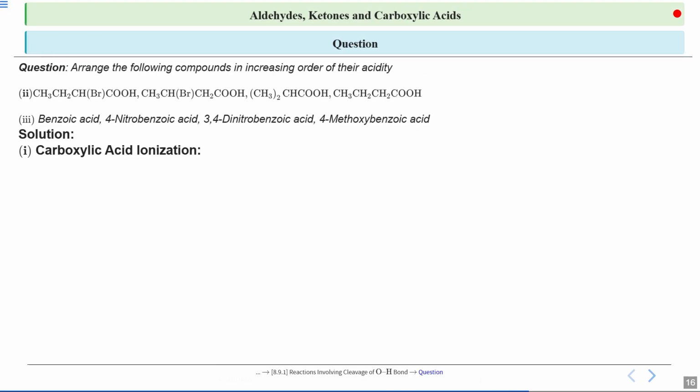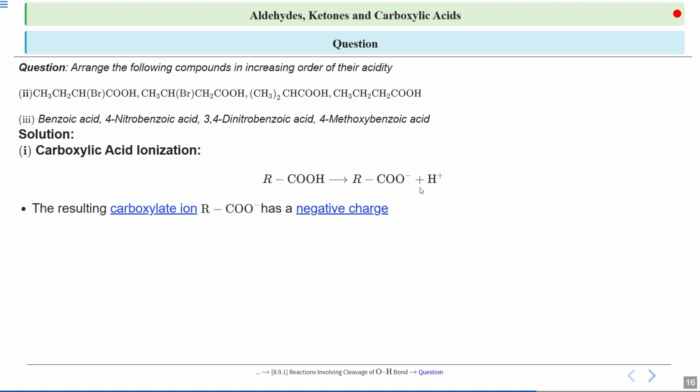First, let us see the first part. If I talk about carboxylic acid ionization, a carboxylic acid, RCOOH, loses a hydrogen ion to become a carboxylate ion, RCOO-, and H+ is released.